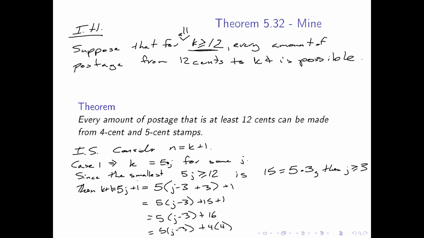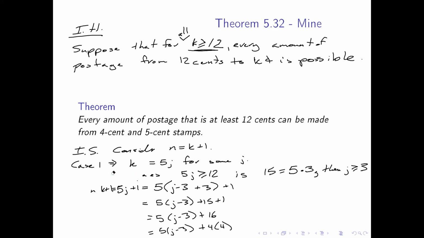I suppose that k is equal to 5j for some j. And since the smallest 5j is bigger than or equal to 12, then we can obviously take away 15. We've already shown this is true, so we've already worked on it. And then we can simply say that k plus 1 is equal to 5j plus 1, which is 5 times j minus 3 plus 3. And then we simply distributed and manipulated to get it into the form. So that's our first case.